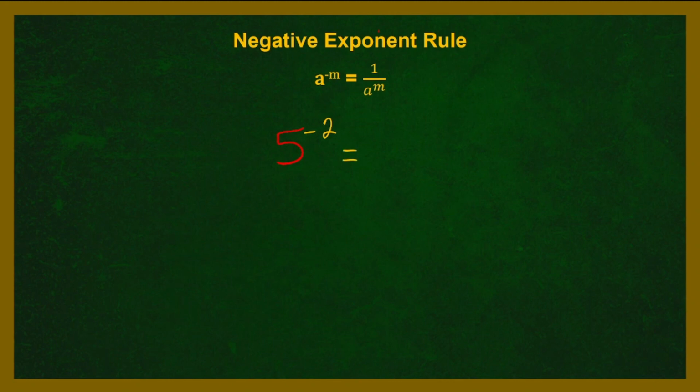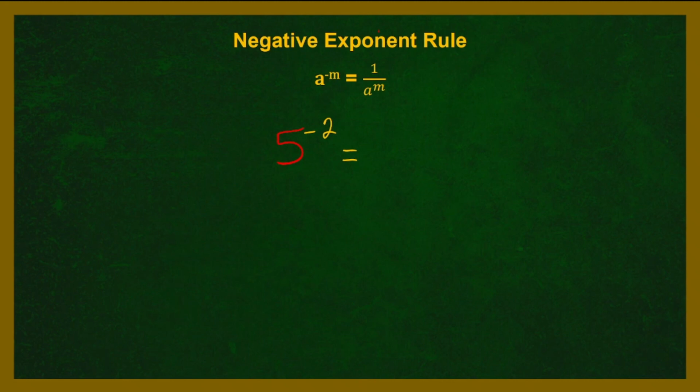So when we evaluate this expression, the rule states that when you have a term with a negative exponent, you can move that term to the denominator and change the sign of the exponent to make it positive.